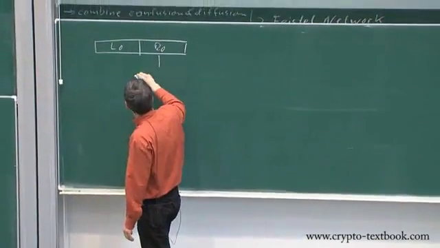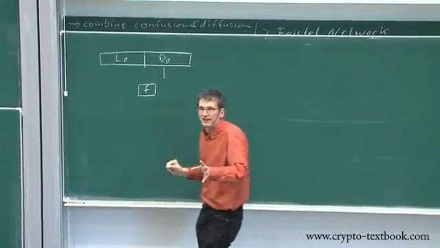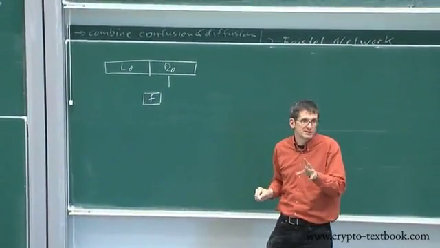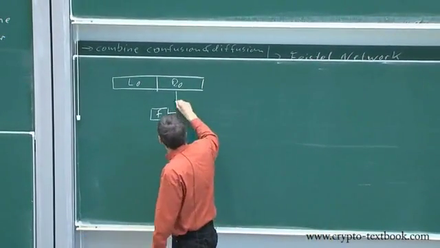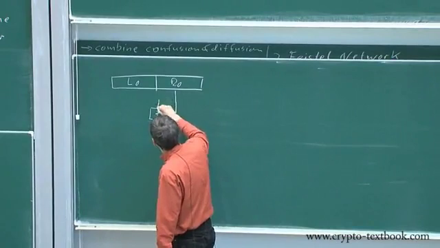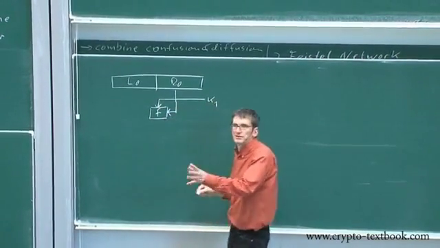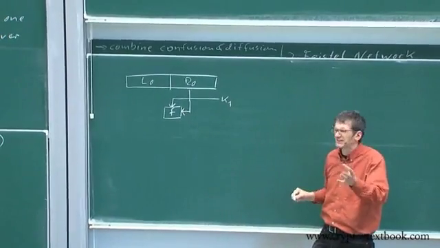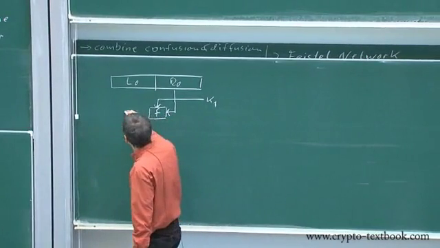You take your right part, put that into this f function, which is super, super, super important. That's the heart of this, together with some kind of subkey, an Unterschlüssel, whatever that is, but essentially the key, part of the key, okay? Then this f function gives you an output.